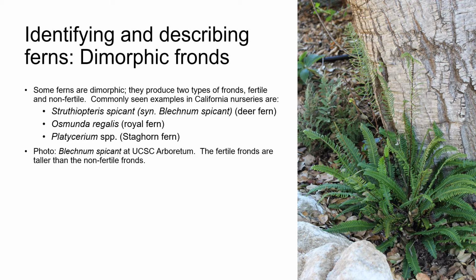The picture on the right shows the deer fern, Struthiopteris spicant, at the UCSC Arboretum. The fertile fronds, the ones that are going to have the sori on the underside, are these tall ones right here. And these lower ones are the non-fertile fronds.